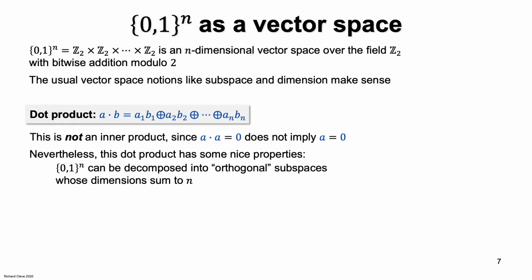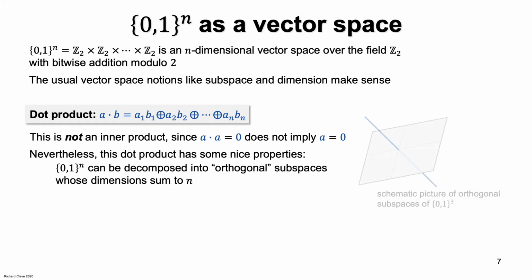For example, the space can be decomposed into orthogonal subspaces whose dimensions add up to n. Two spaces are deemed orthogonal if every point in one has dot product 0 with every point in the other.